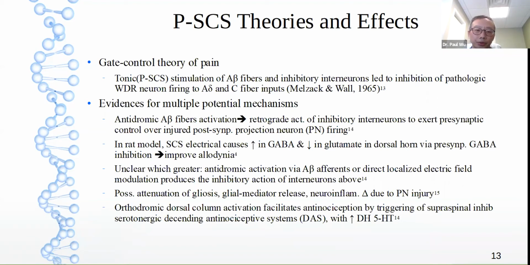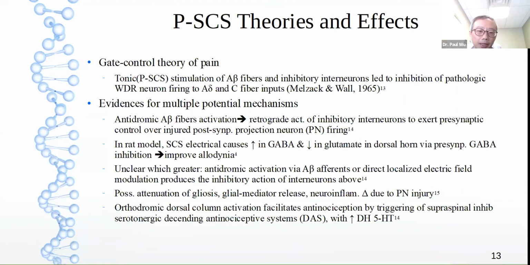And this has been shown to improve allodynia in rats. It's unclear which of these two mechanisms is greater, either antidromic activation via A-beta afferents or the direct localized electric field causing the inhibitory action of an interneuron.